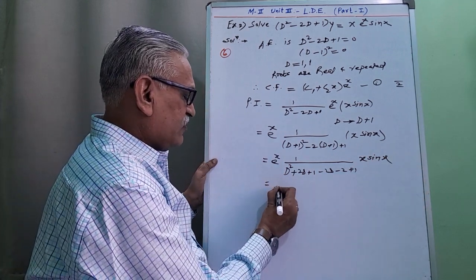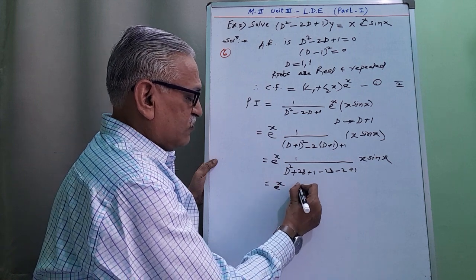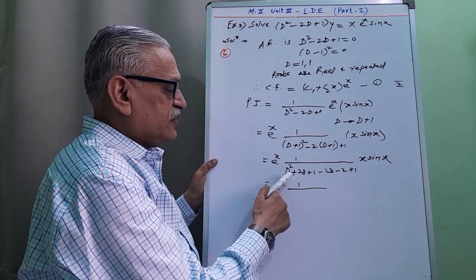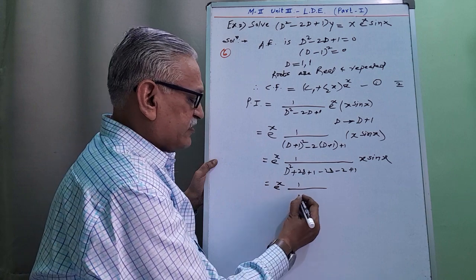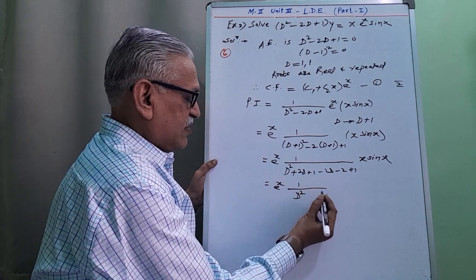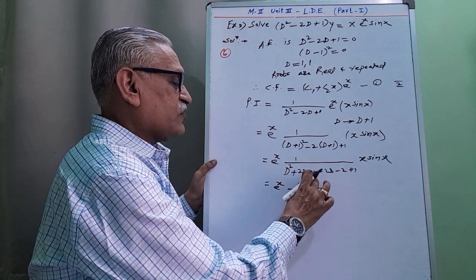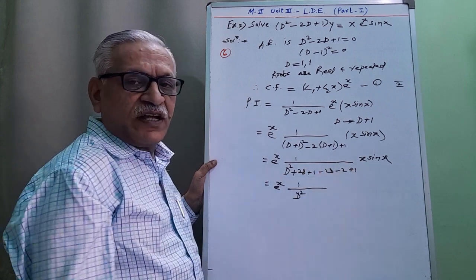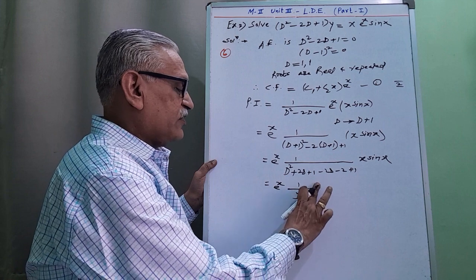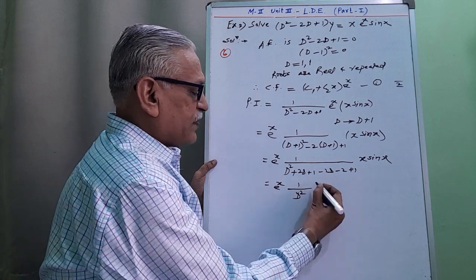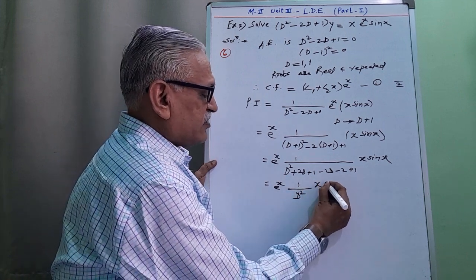Simplifying it further, we get e^x times 1 upon D², which remains as it is. Plus 2D cancels with minus 2D. Plus 1 plus 1 is 2, 2 minus 2 get cancelled. Therefore, only D², which we have to operate on x sin x.